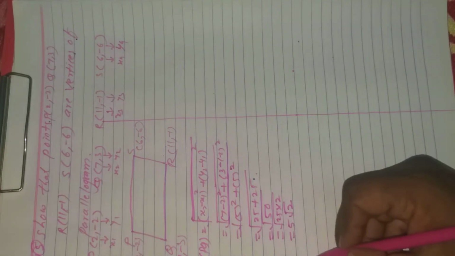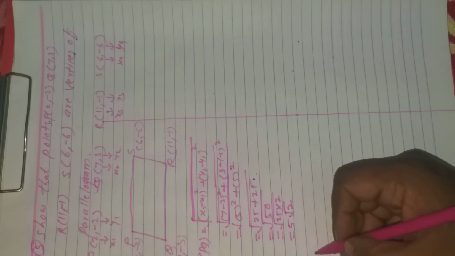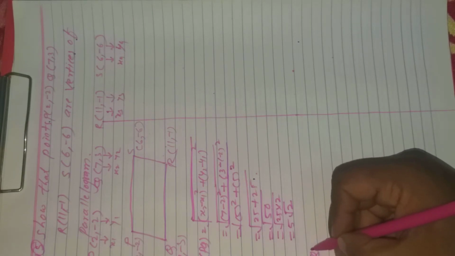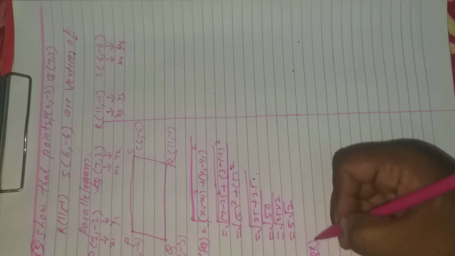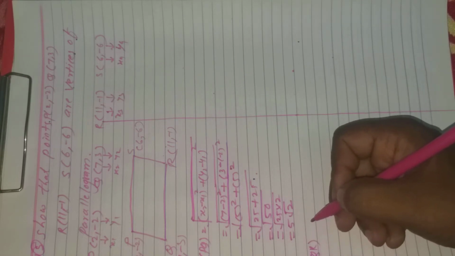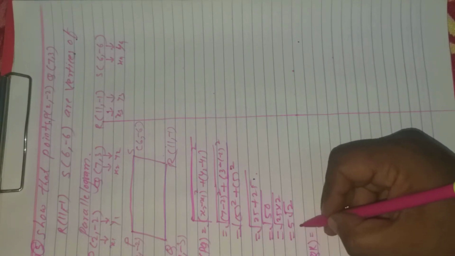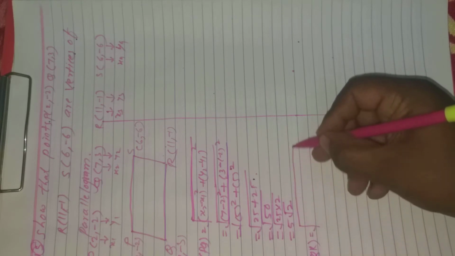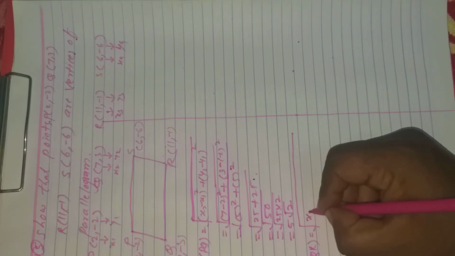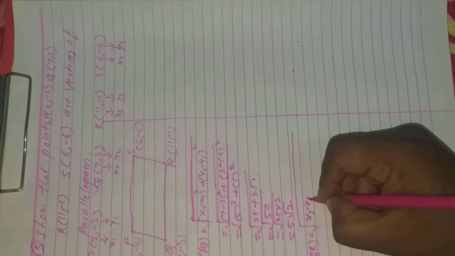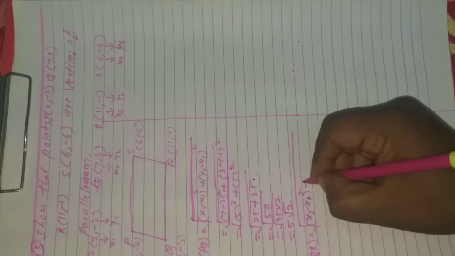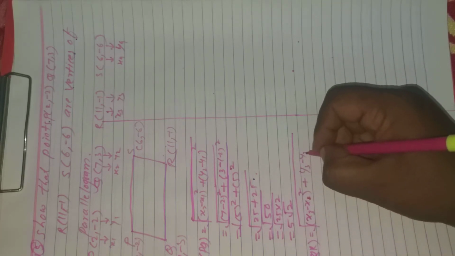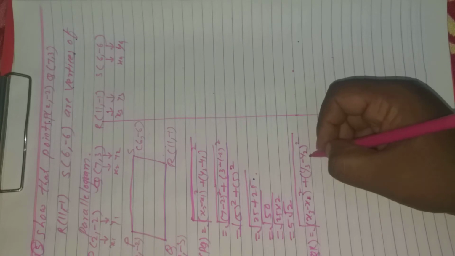Now similarly we can find the distance of QR. For that purpose we have to write the distance formula once again: square root of (x3 minus x2) square plus (y3 minus y2) square.